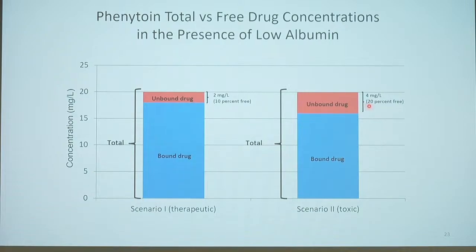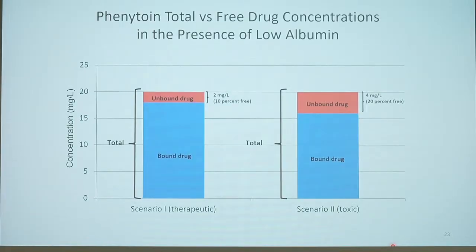And in this case, double the amount is free, and this amount is toxic in this patient, and this patient will present with one or more of those toxidrome characteristics: ataxia, confusion, eye oscillation, and so you would have to couple the concentration with how the patient presents.